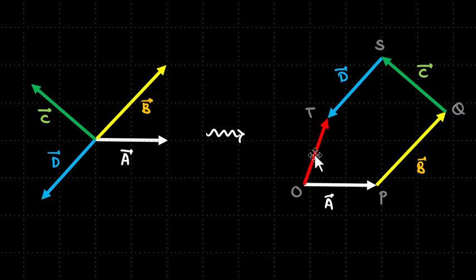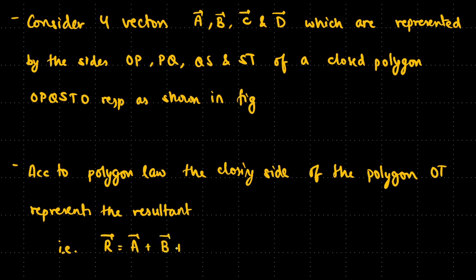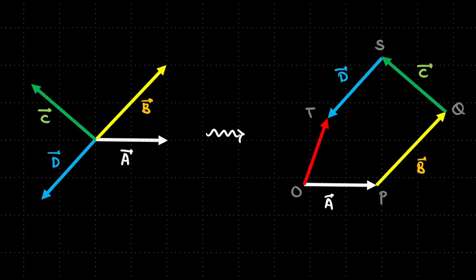Yes, it is OT, so this is the closing side. OT represents the resultant. Let's say the resultant is vector R, then it will represent the sum of vector A, vector B, vector C, and vector D. So this is vector addition. Let's go back to the figure and add vector R over here.